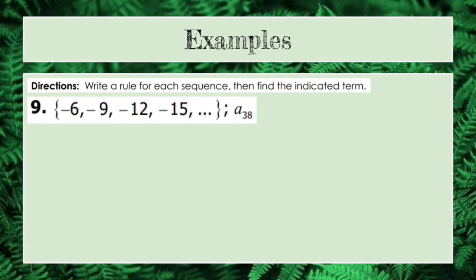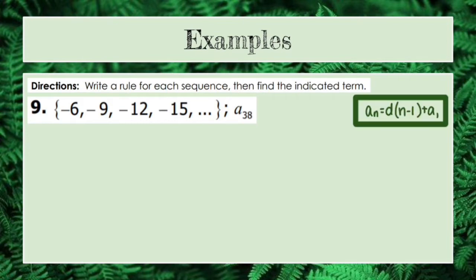Let's try number 9 together as well. Once again, we will need to find what d equals and what a sub 1 equals. a sub 1 is always the first term, so that's just -6. Then to find d, we ask ourselves what the difference in each term is. From -6 to -9, we subtracted 3. Then we subtracted 3, subtracted 3. So d is equal to -3 this time.